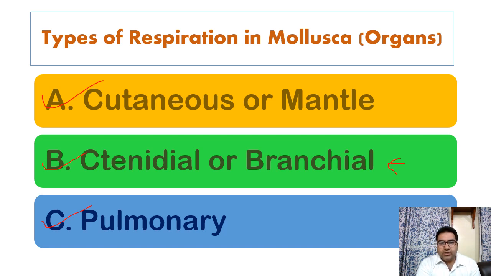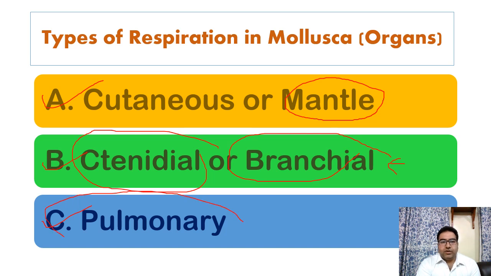So the cutaneous or the mantle, we also call respiration through the skin. Ctenidia, that is branchial, or the gills. Pulmonary, respiration by the lungs.